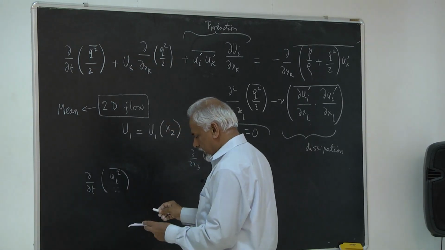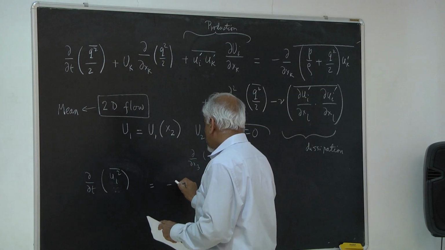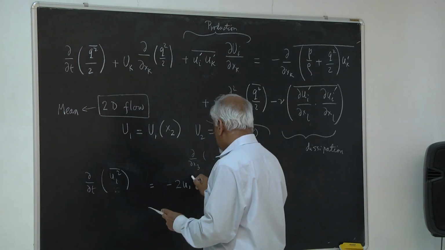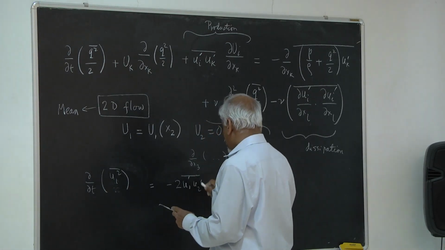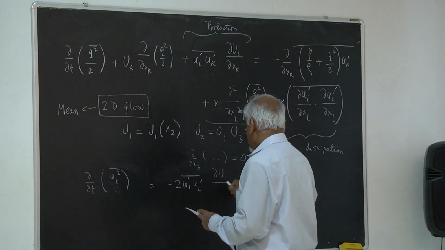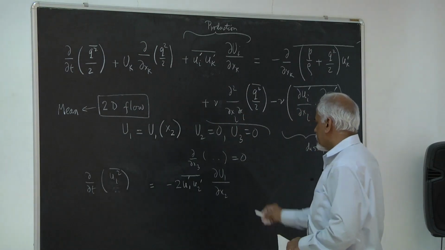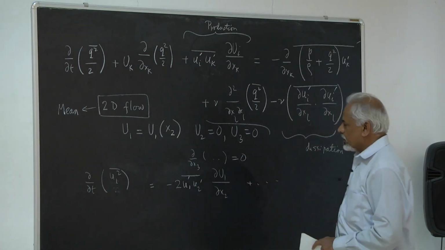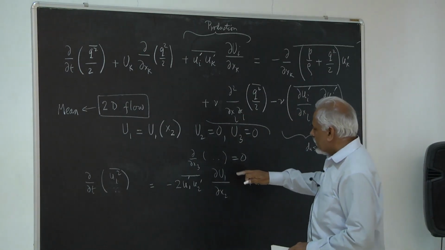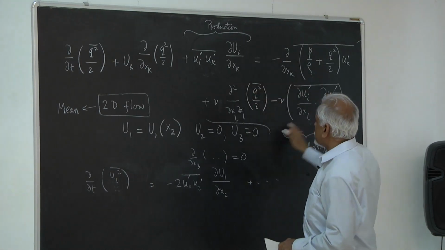That quantity, what I will have is 2 u1 prime u2 prime d u1 over dx2. I'm just concentrating on this term for now, and all the other terms will be there. Other terms meaning these other terms.